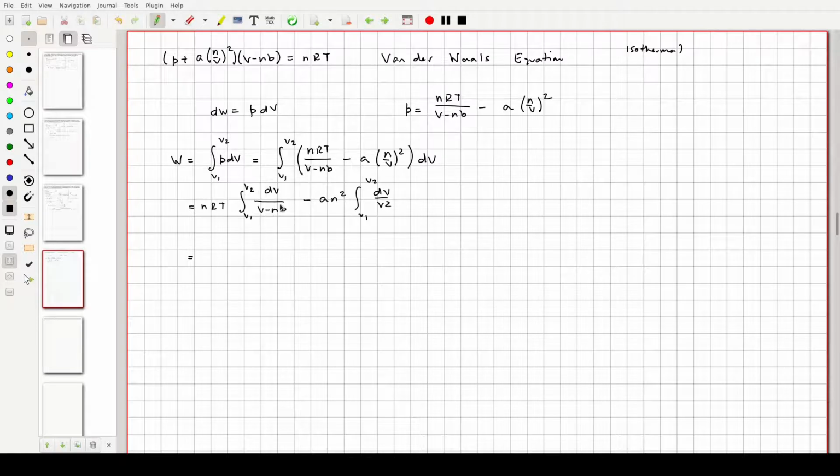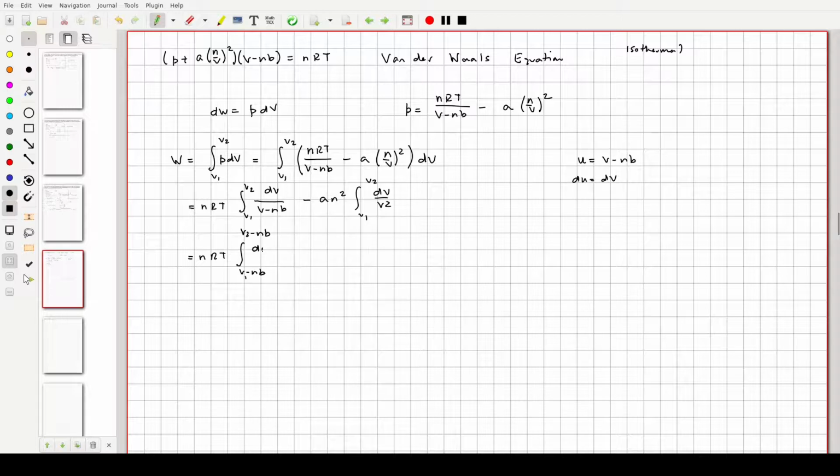With the first integral right here, I'm going to do a substitution. I'm going to call u V minus nb. du is just dV, which means for this first integral, I end up having to do this integration right here, v1 minus nb to v2 minus nb when I plug those in.